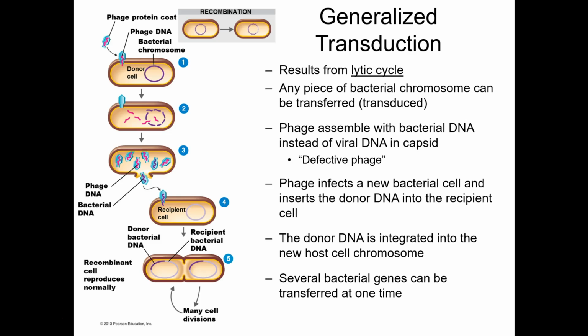So, this is generalized because any piece of that chromosomal DNA could have been packaged. It's random. Any gene from that donor cell could have been transduced, could have been moved to the recipient cell. So this is a consequence of the lytic cycle, because it happens during assembly of the lytic phages.